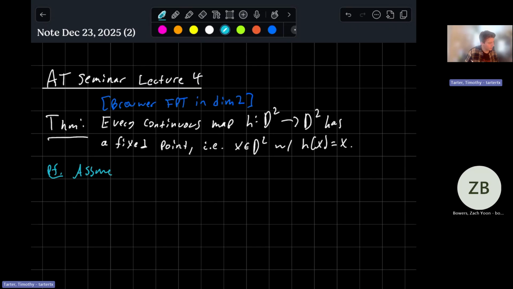So assume, for contradiction, that h of x does not equal x for all x in the 2-disk.